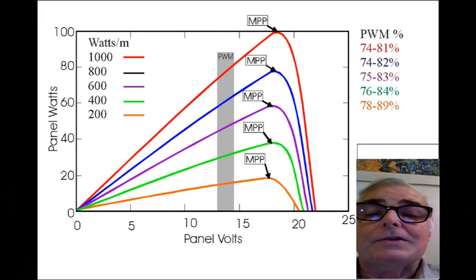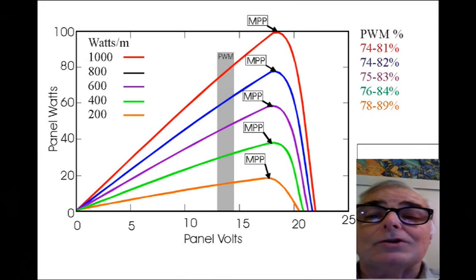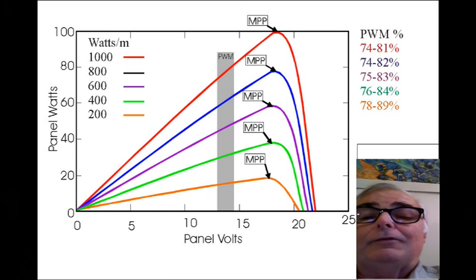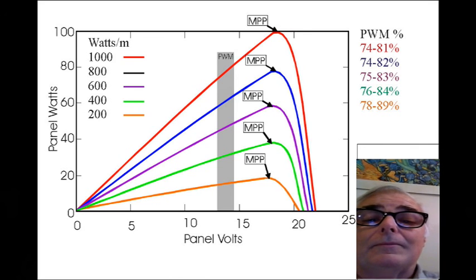And this MPP, not surprisingly, is where maximum power point tracking solar charge controllers like to operate. So if you had an MPPT charge controller connected up to this 100-watt solar panel in full bright sun at solar noon, you might expect to get 100 watts out of the panel.